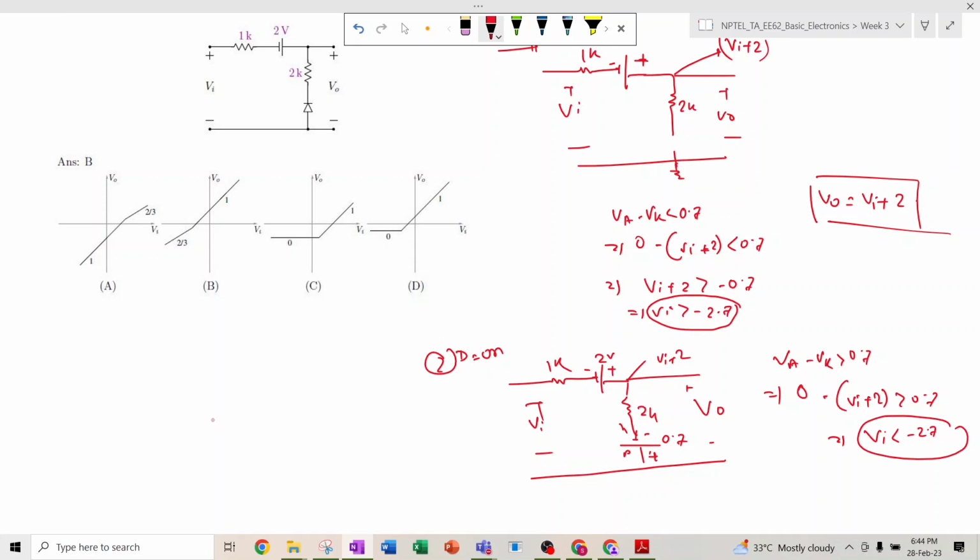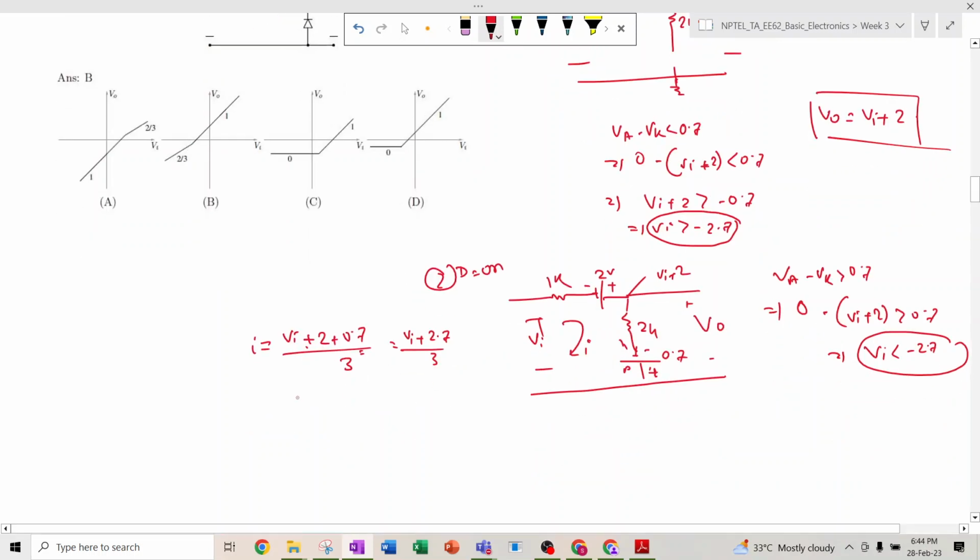Okay, then what will be the value of Vo? The current flow will be I. So the current I will be Vi plus 2, because 2 is adding the current and 0.7 is also adding, divided by 3, which is nothing but Vi plus 2.7 by 3. So this Vo will be 2 by 3 Vi plus 2 by 3 into 2.7 minus 0.7, right?